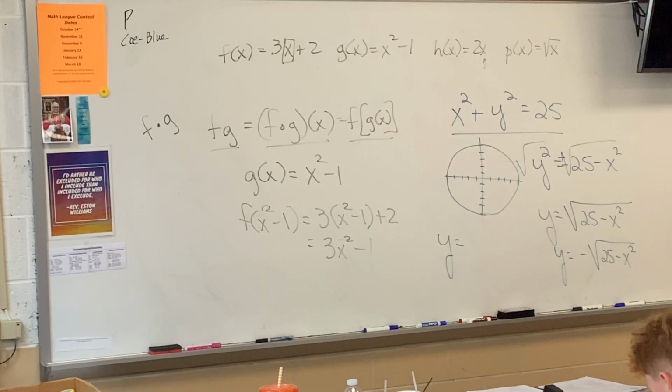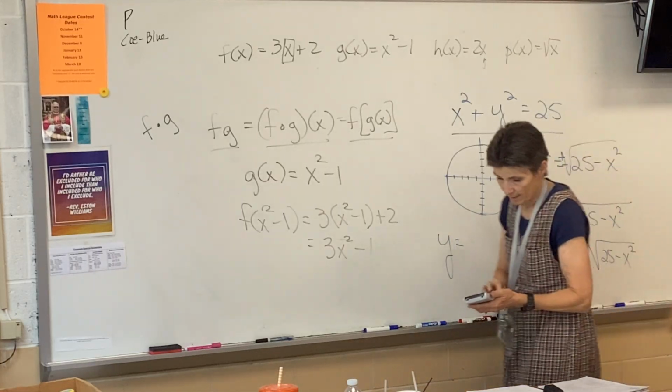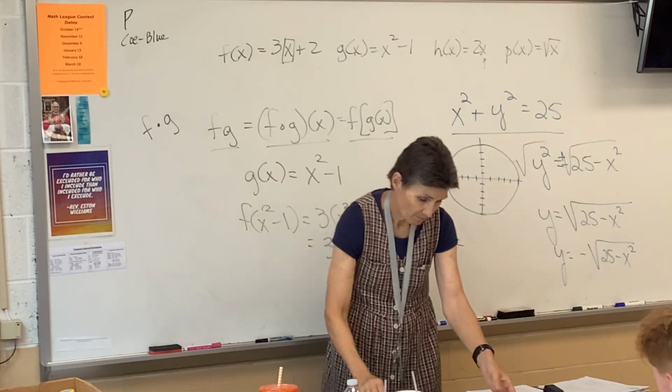So if you want an accurate picture, if you hit zoom square, it will square the screen. It will give it the dimensions it needs to pretend that it's a square. So then you get your circle, right? Lesson here is, when you want to graph something that's not a function, solve for y. Solve for y, and then you'll have your implicit functions.